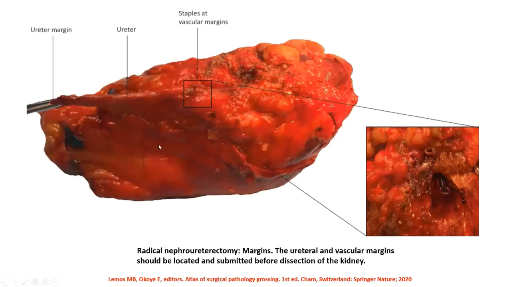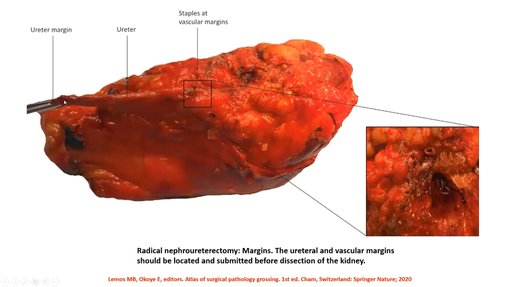Since we have already talked a little bit about the effects of the invasion of the renal tumor on the various structural compartments of the kidney and its adjacent tissues, we'll talk a little bit about the rudiments of grossing, which are pertinent as far as this particular discussion is concerned. If you were to get a radical nephrectomy specimen and lay it on its side, this is how it would look. You have the entire mass surrounded by the perinephric fat with the overlying Gerota's fascia.